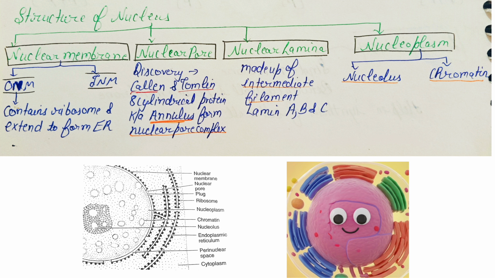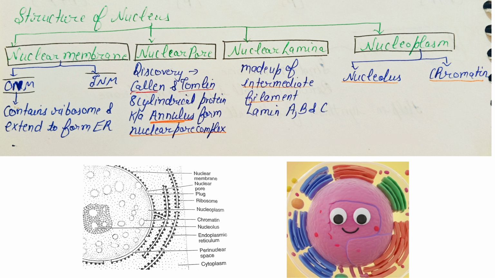The nuclear pore consists of 8 cylindrical proteins known as annulus, which form the nuclear pore complex. This nuclear pore complex is seen only in the animal cells. Inside the nuclear envelope, there is a filamentous network of protein known as nuclear lamina.